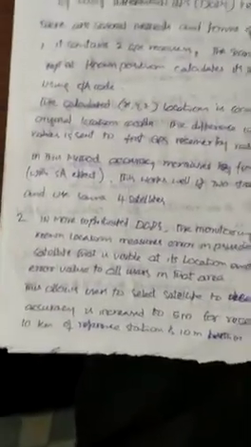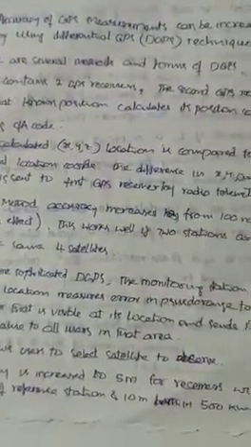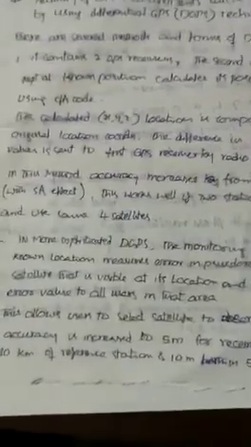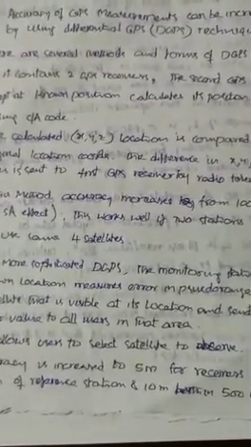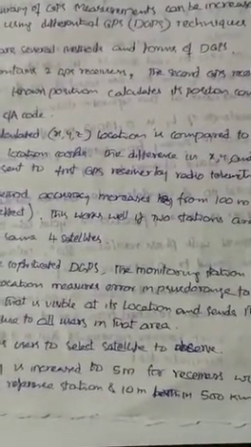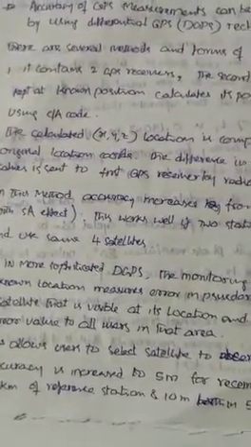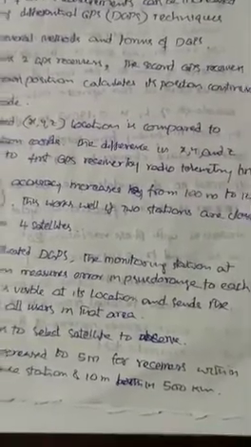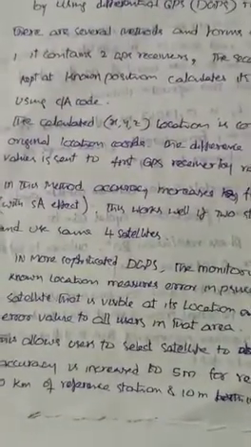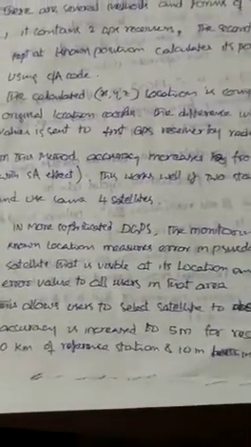There is a second method, the most sophisticated method of DGPS. Here the monitoring station is kept at a known location and measures the pseudo range to each of the satellites that is visible at its location, and sends the error information of the satellites to all the users in that particular area.